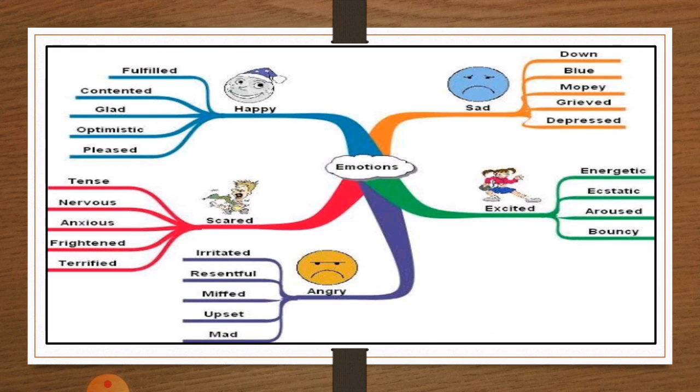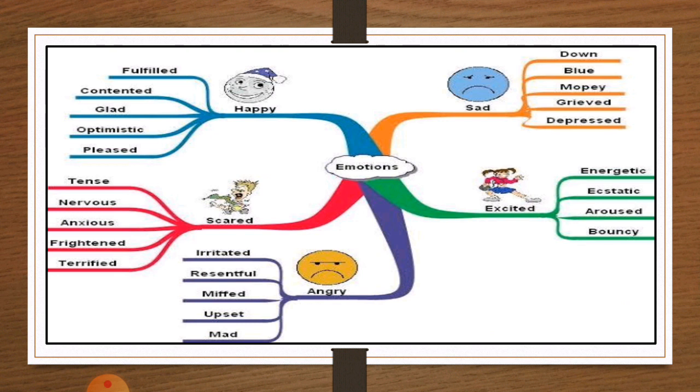Dear students, here you can see a mind map of emotions. It gives information about different emotions and their effects also. की ह्या माइंड मॅपद्वारे आपणाला भावनांचे विविध प्रकार आणि त्यांचे होणारे परिणाम स्पष्ट होतात. Whenever you become sad, you feel down, you look blue, boppy, it means disappointed, grieved and depressed. Then while excited, you feel energetic, ecstatic, aroused and bouncing.